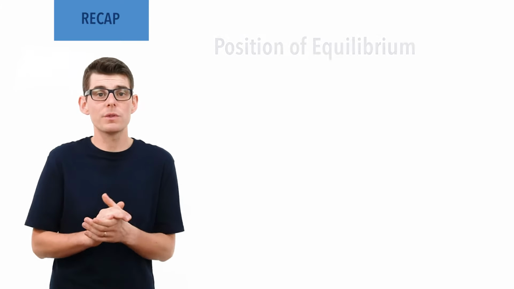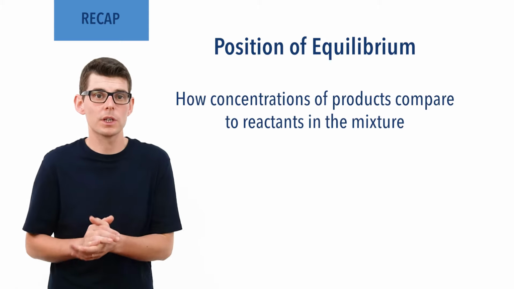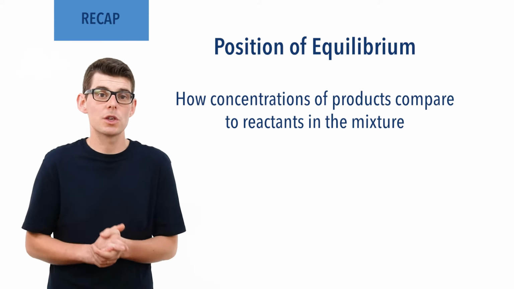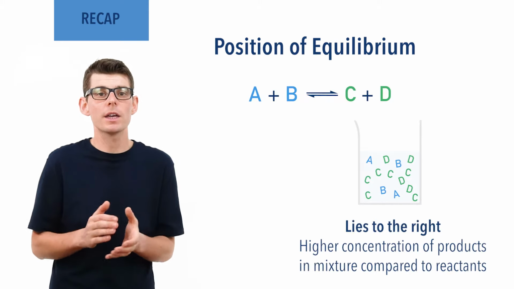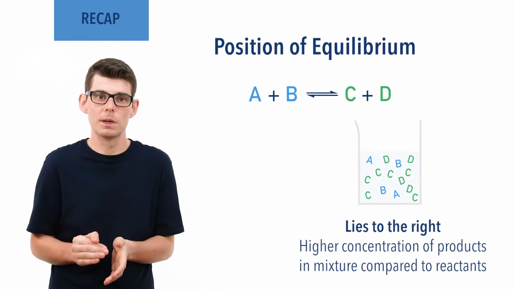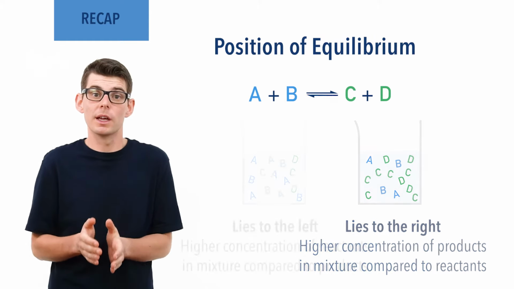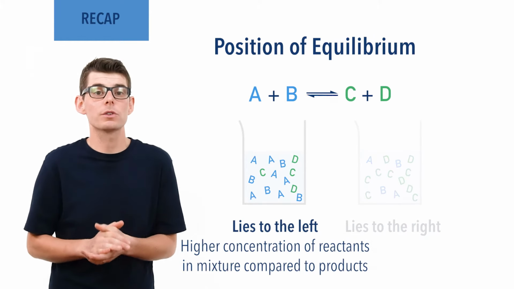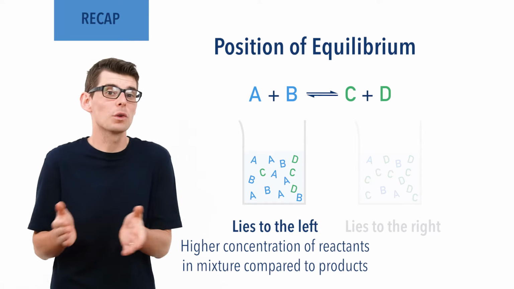A position of equilibrium refers to how the concentrations of reactants and products in the mixture compare to each other. A position that lies to the right means a higher concentration of products in the equilibrium mixture compared to reactants. And a position that lies to the left means a higher concentration of reactants in the mixture compared to products for the forward reaction.